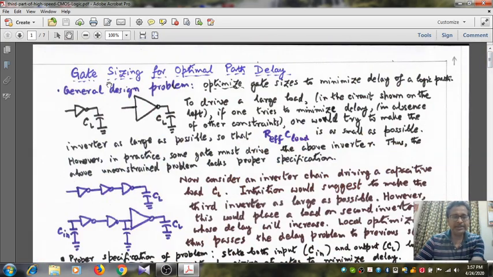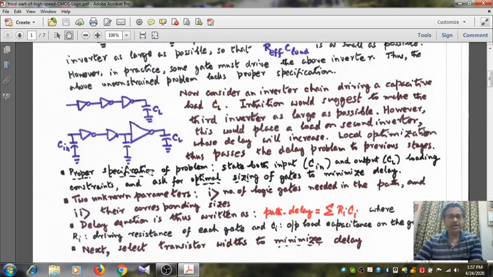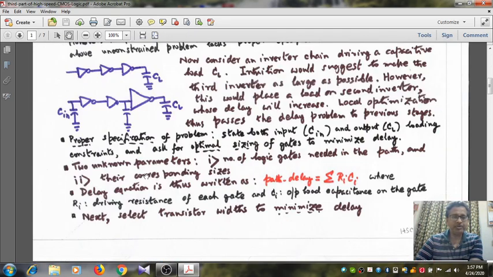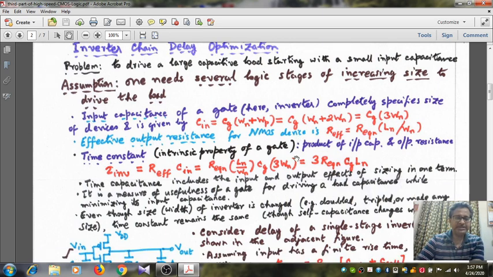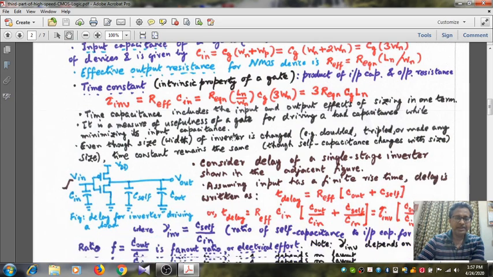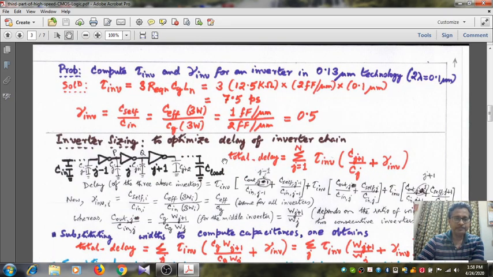So what we have seen is gate sizing for optimal path delay. We had to specify the problem in a proper manner. Based on the knowledge of the output load capacitance and the input capacitance, there will be a chain of gates if there is a single gate involved.